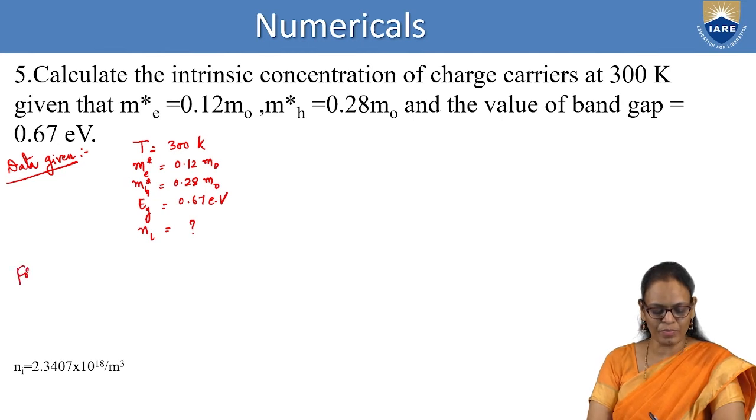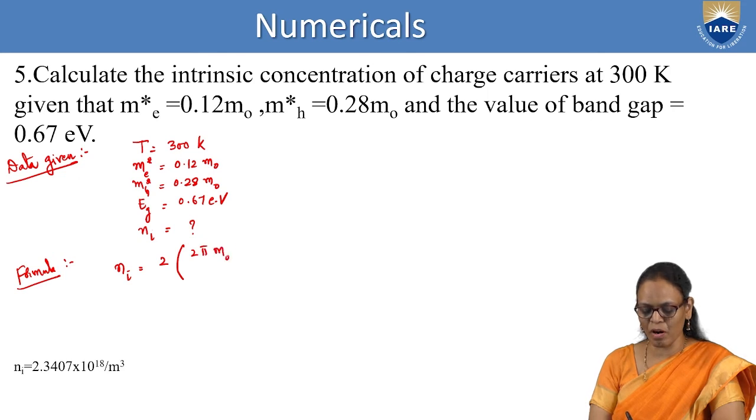We have the formula for Ni. The formula for Ni here is Ni is equal to (2 pi M naught kBT by H square) power 3 by 2 into e power minus Eg by 2 kBT.